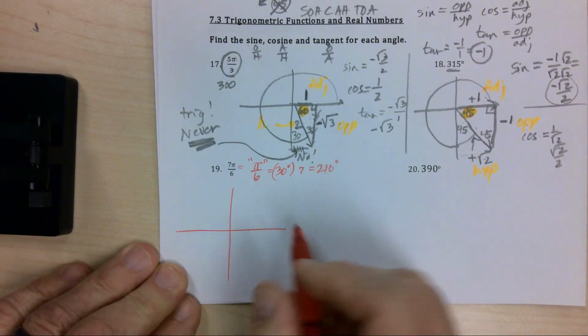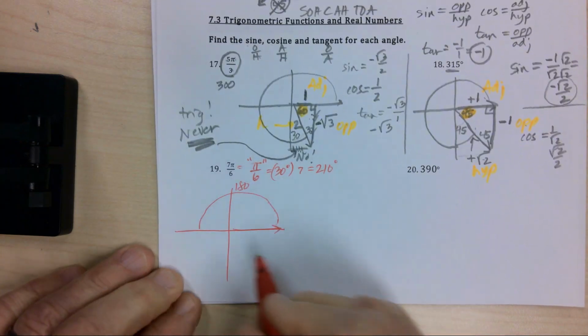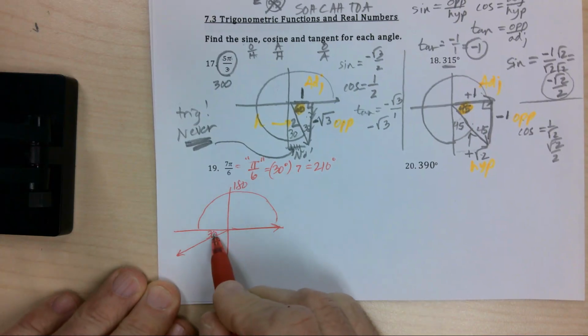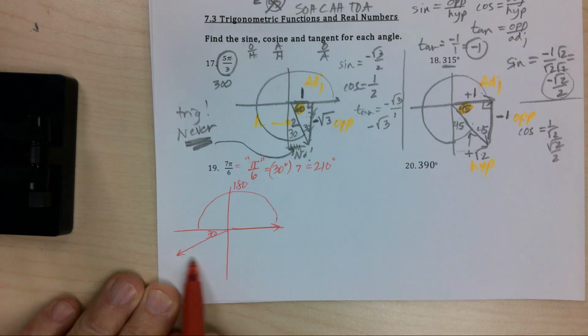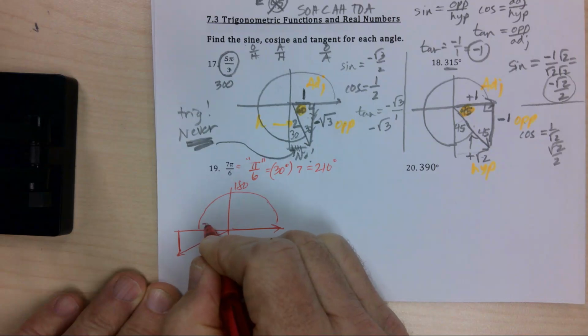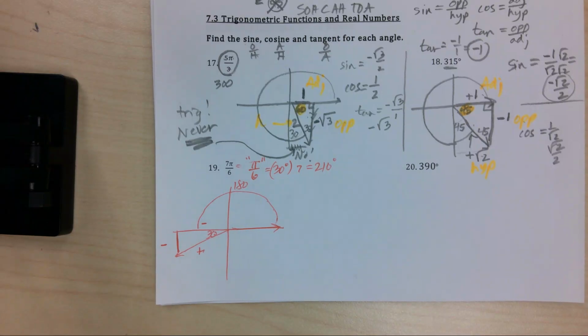So we take our little spinner, keep track of stuff. There's 180. How much farther do I need to go? 30. So that gives me my reference angle. Do not go back to the y ever. Go to the x. This has to be a negative, this has to be a negative, and this has to be a positive. Good to get that out of the way right away.